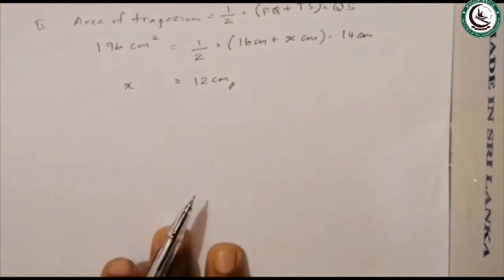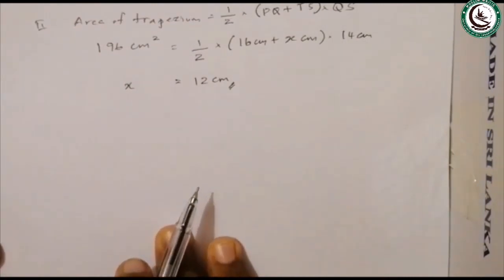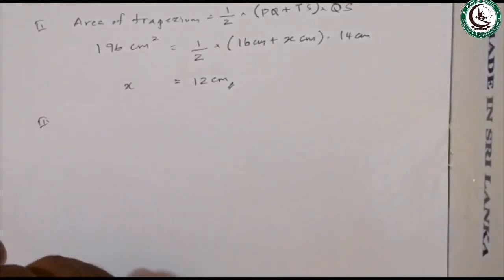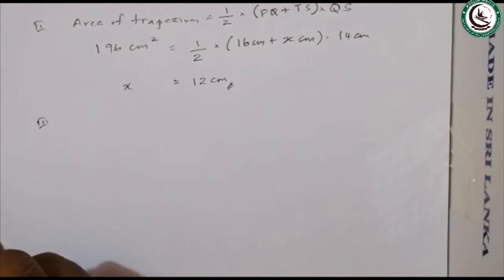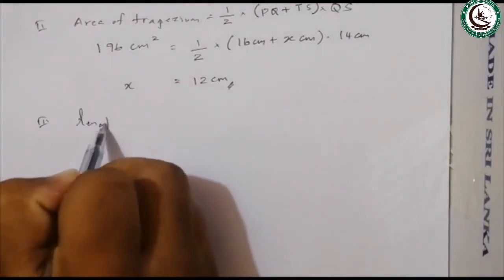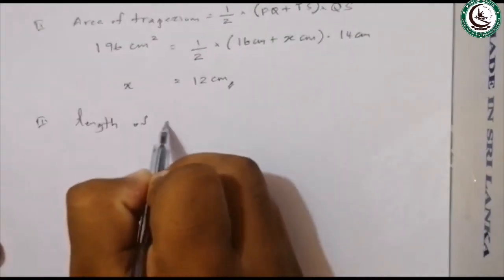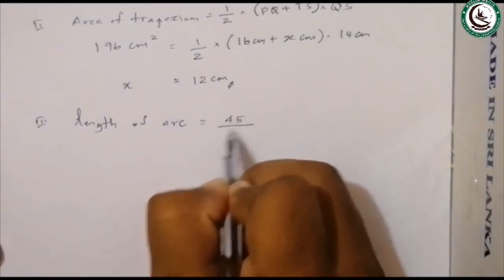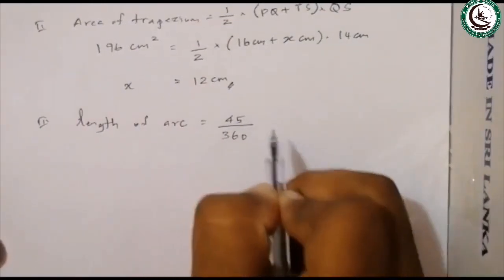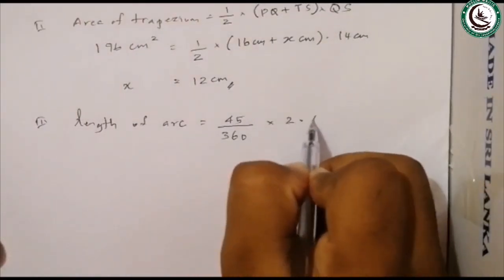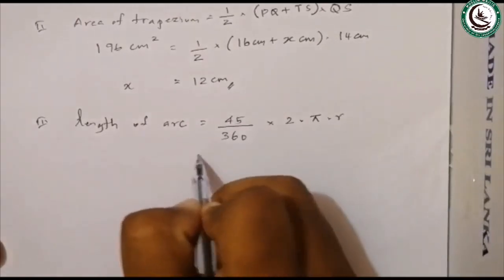And the third question is find the length of the arc QR. So we know how to find the length of arc in a sector. So length of arc is equal to 45 over 360 into 2 pi r.